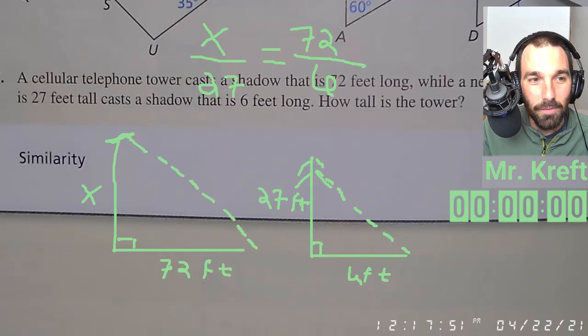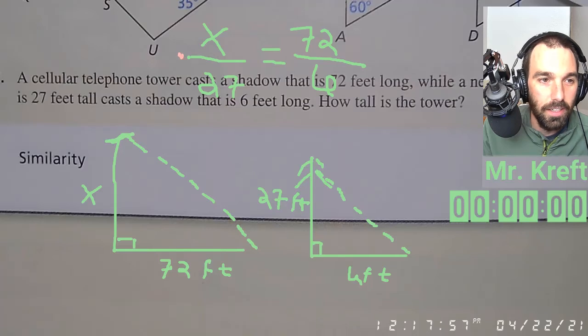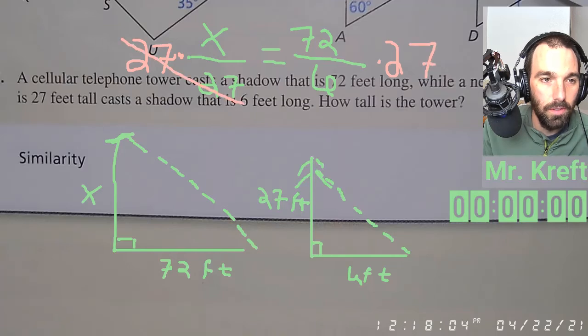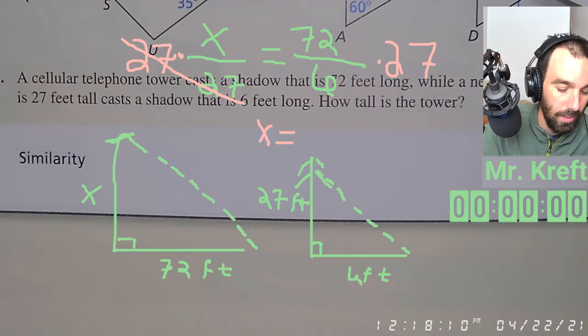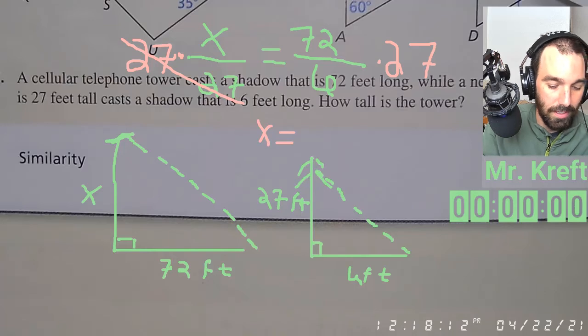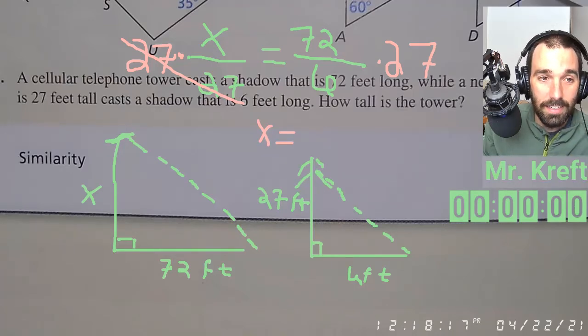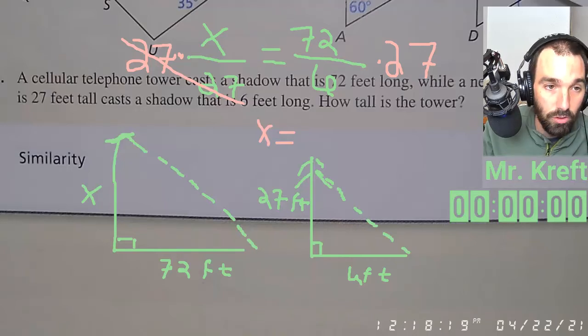All right, so to solve this, again, it's x divided by 27. I can change the color. I'm going to multiply by 27 on both sides, and that's going to cancel out those. So I get x equals, and then on my little calculator, I get 324.